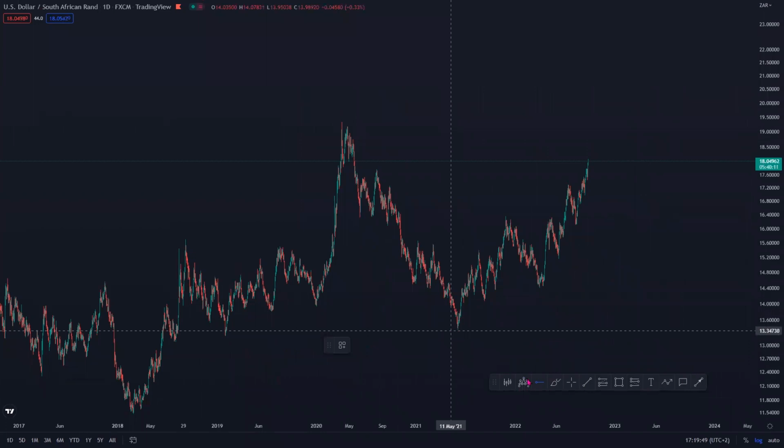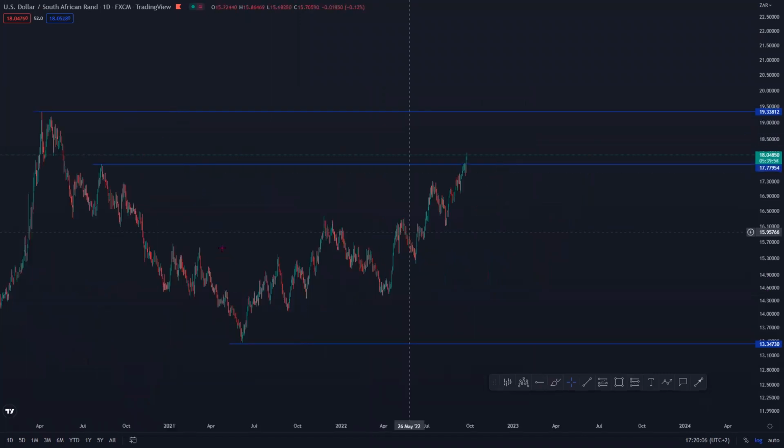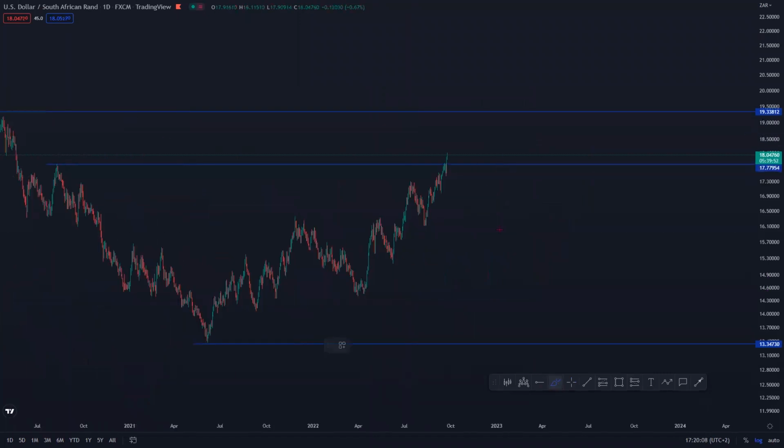This is our lowest low of the structure, and this is our highest high of the structure. We have an important level around here. What might happen on this level is that the market might break it below, give us a correction, and after the correction we start looking for sell opportunities.